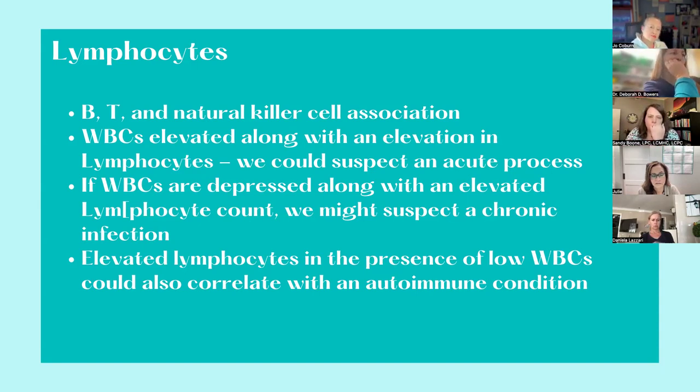So it's a chicken and the egg kind of situation, but it just goes to where your detective skills are going to lead you when you see these things. Because we're not trying to say, oh, you have a chronic infection, right? And we're not going to run tests and try and label the infection, but you want to kind of know what is the dynamic happening in this person's body? What are these numbers trying to tell me about who this person is and what kind of environment we're dealing with?